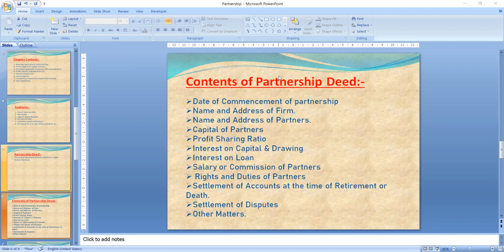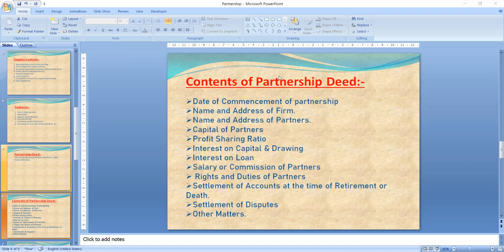The next point is the profit sharing ratio. As I told you before, the profit sharing ratio is the most important point in the contents of the partnership deed, because most of the conflict arises due to it. When a partnership starts, partners agree on some profit sharing ratio like 3:2, 5:3, 4:1, any ratio.